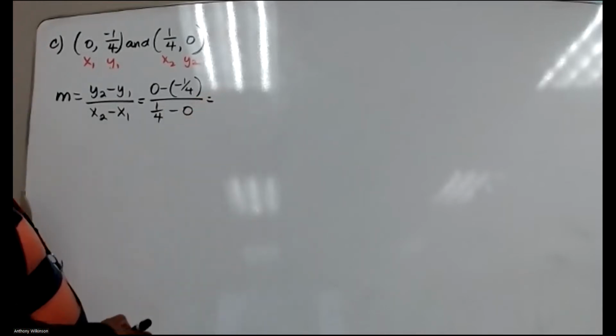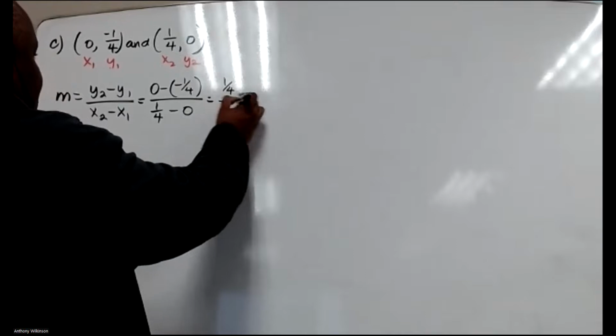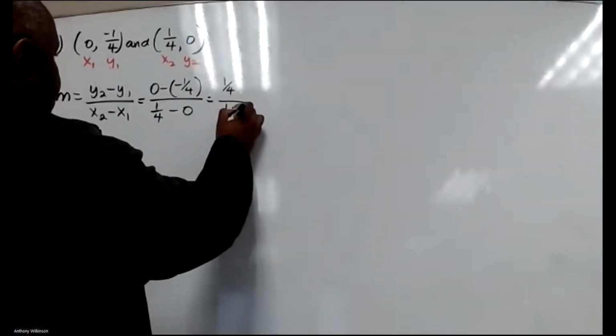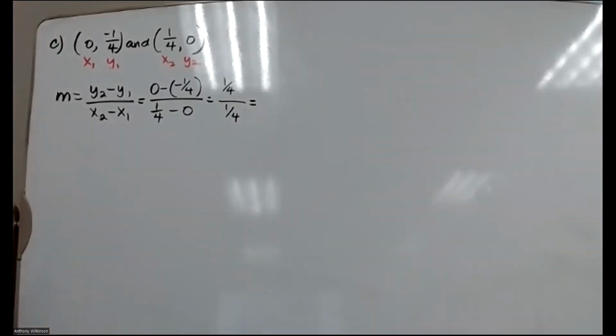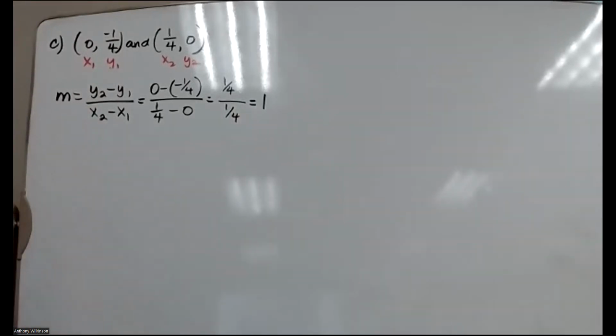Then 0 minus a negative 1/4 is 1/4, because that's like 0 plus 1/4. The denominator 1/4 minus 0 is 1/4. 1/4 divided by 1/4 is how much? 1. That's just 1/4 divided by itself. Okay, so that's the slope.